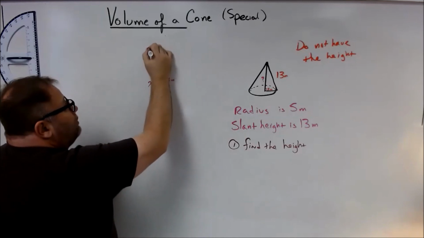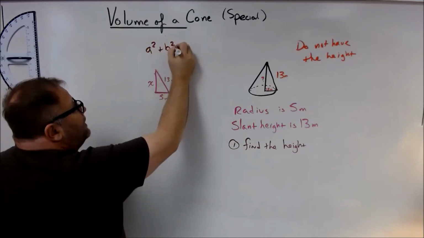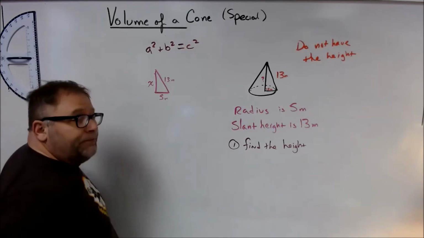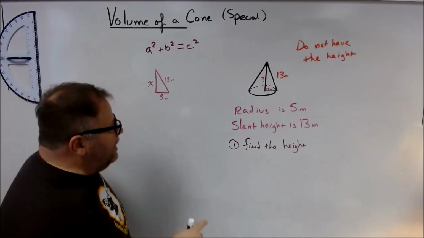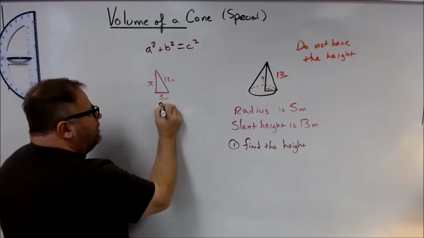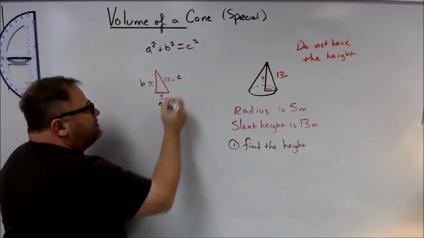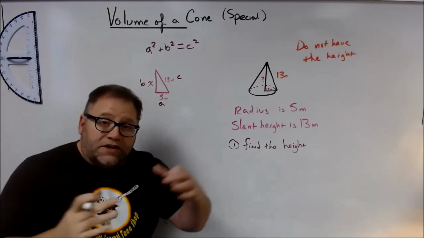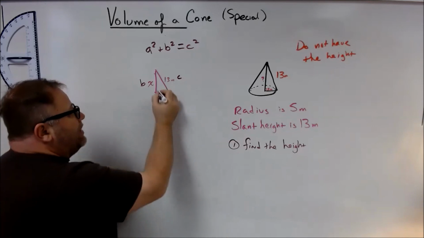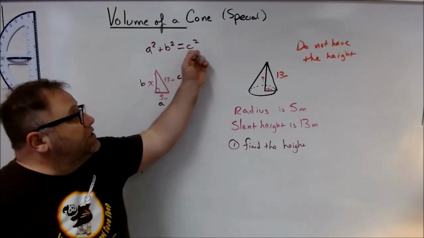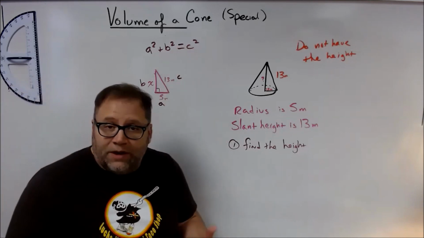The Pythagorean theorem is a squared plus b squared equals c squared. Just for the sake of reminders, we describe the 3 sides. My longest side, the side opposite the right angle, is the hypotenuse, which is always going to be c. Then I'm going to do the math.